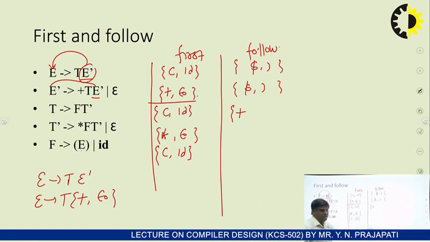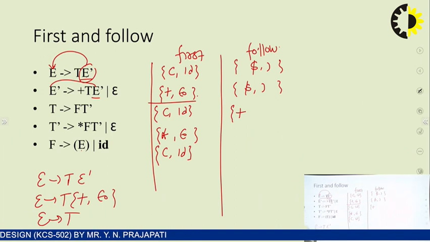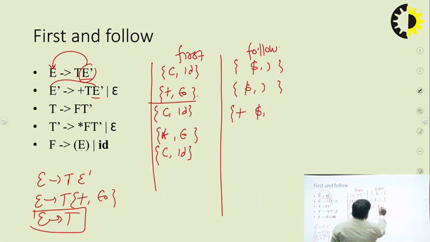We mention here, when epsilon we put here, then E derives T and here is blank. Then in this case, what is the follow of T? Apply the previous rule, the follow of E. What is the follow of E? Close bracket.